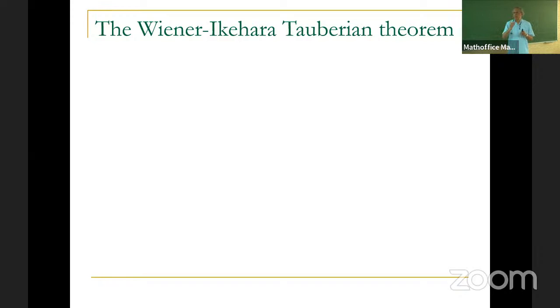It was equivalent. So remember, in the Hadamard-de la Vallée-Poussin proof, they used the fact that there was no zero on the line real s equals 1 to prove the prime number theorem. Wiener and Ikehara went the other way and showed that if you had the prime number theorem, then the zeta function has no zeros on the line. So it's completely equivalent.